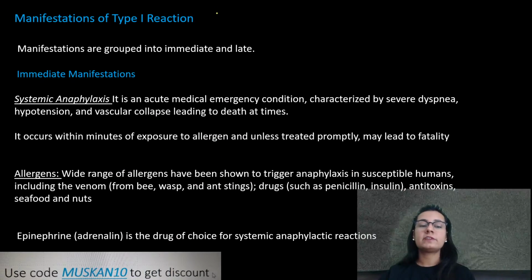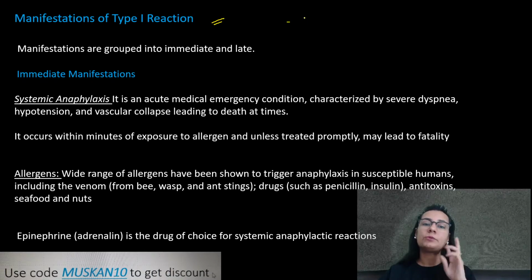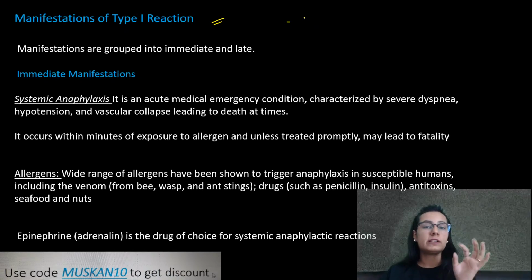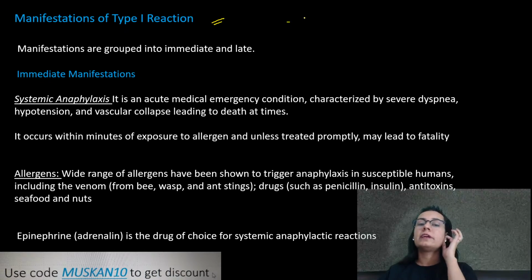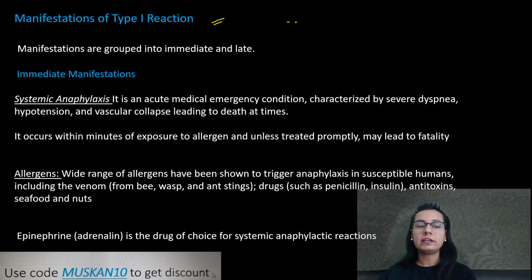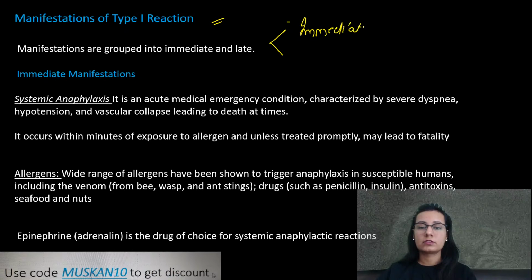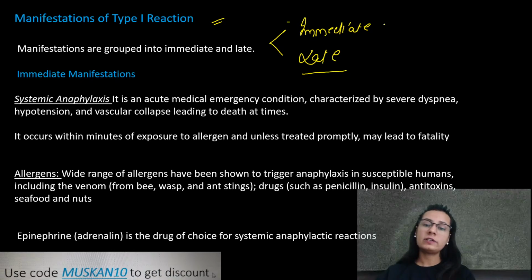Now, how does the manifestation of the type 1 reactions occur? Manifestations are further grouped for type 1, although type 1, type 2 and type 3 are examples of the immediate hypersensitivity reactions, but the manifestation will be immediate and even late. So, they are immediate and the late manifestations. Now, what is the immediate?